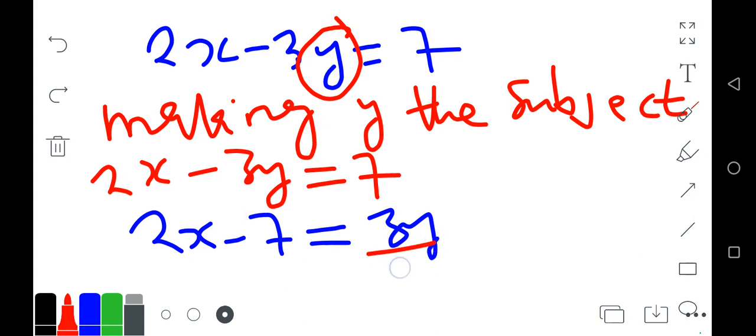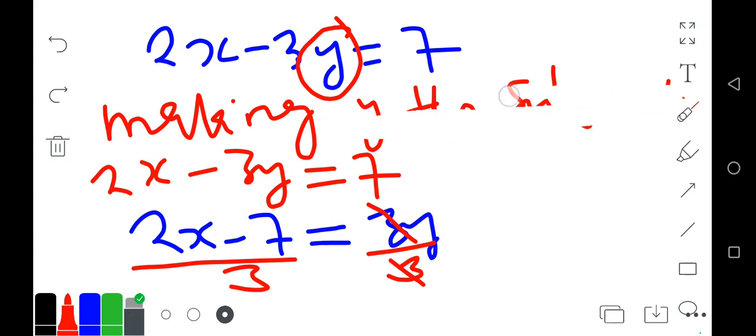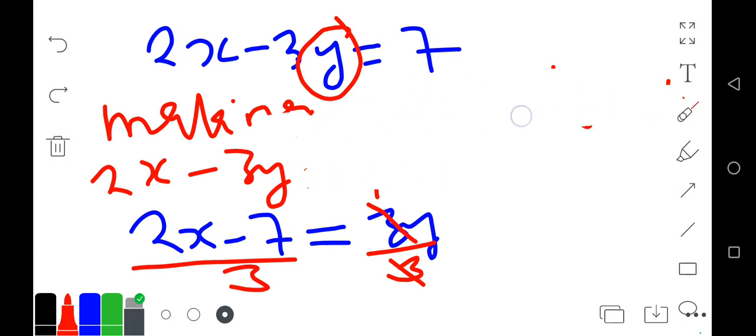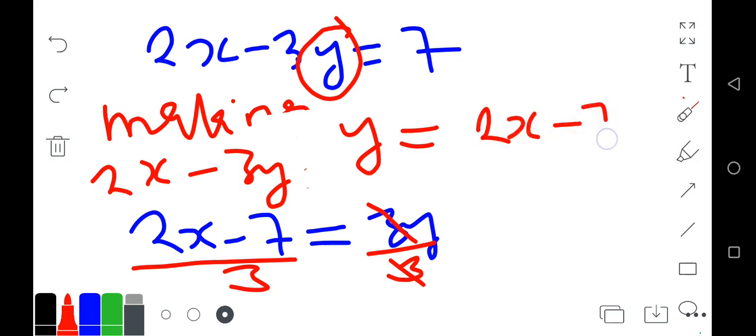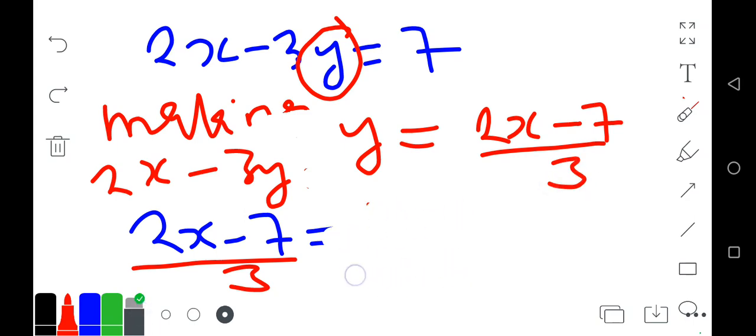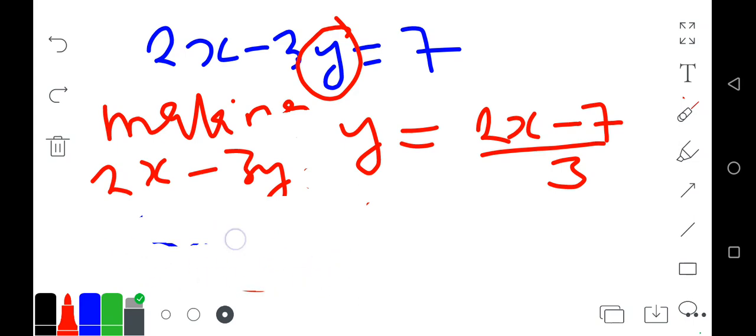So you divide both sides by 3, and the 3 goes. Therefore y becomes y equals 2x minus 7 over 3, which I can expand by saying each term is divided by 3.